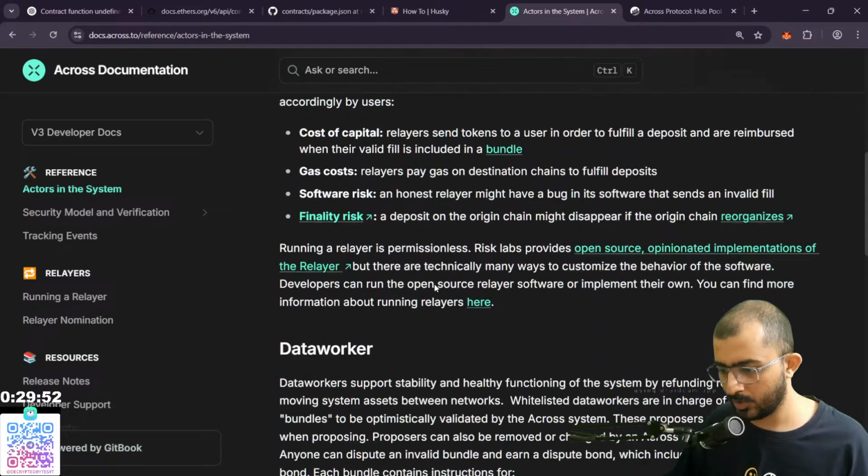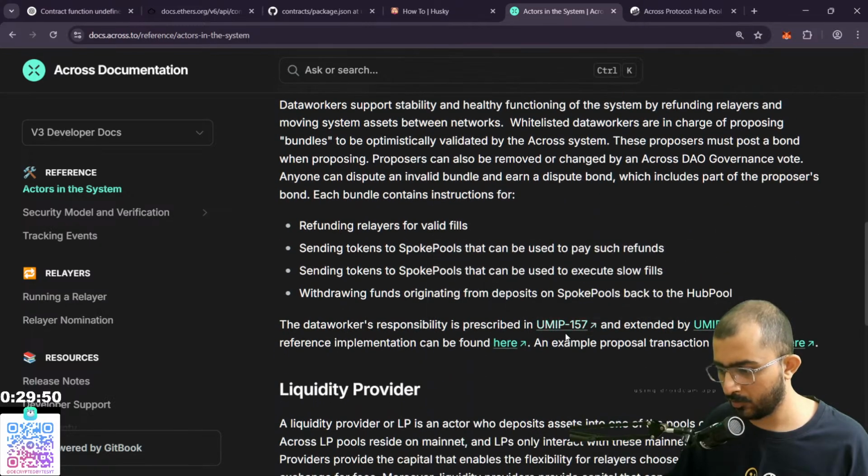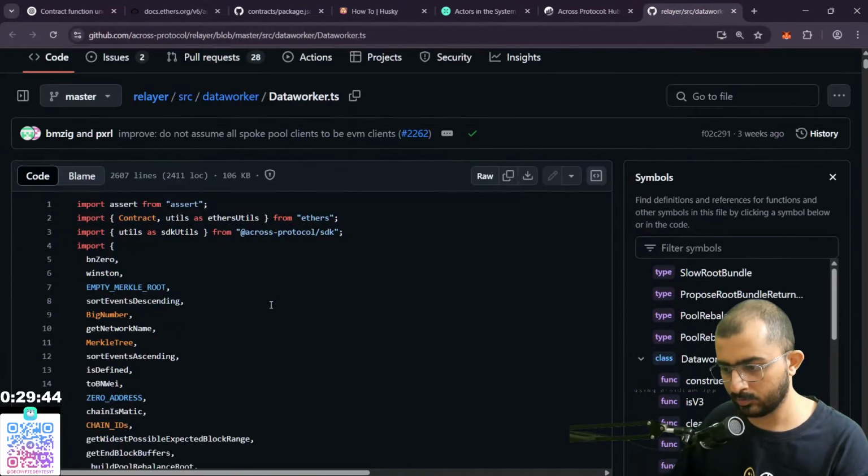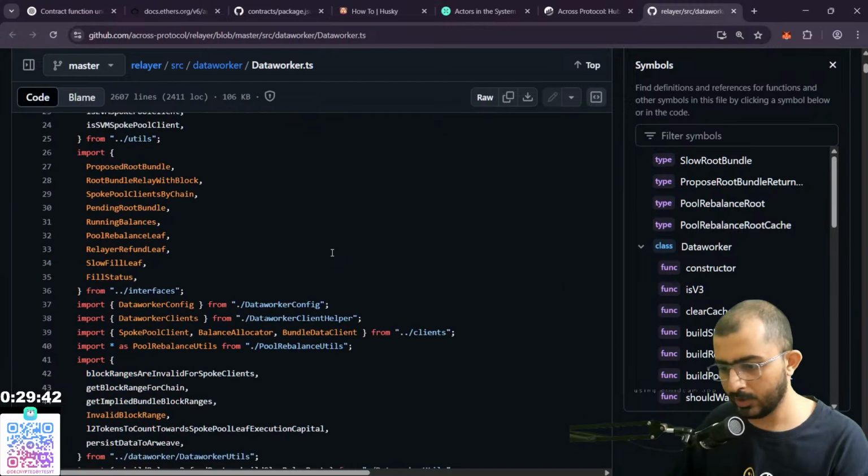Actors in the system, relay, data worker, data relay v2, data worker.ts.